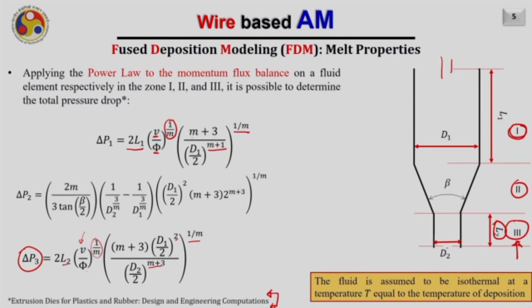D2 is the diameter of zone 3, and other values like m is the flow exponent and phi is the fluidity.